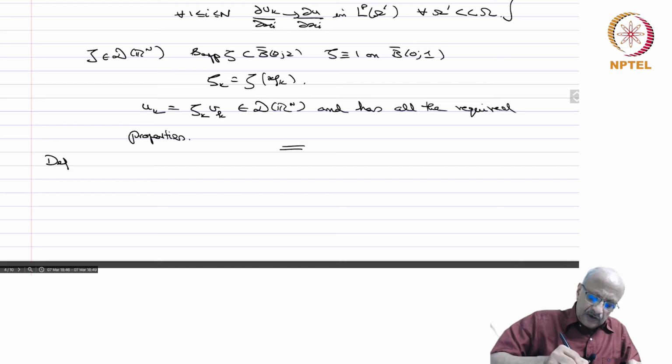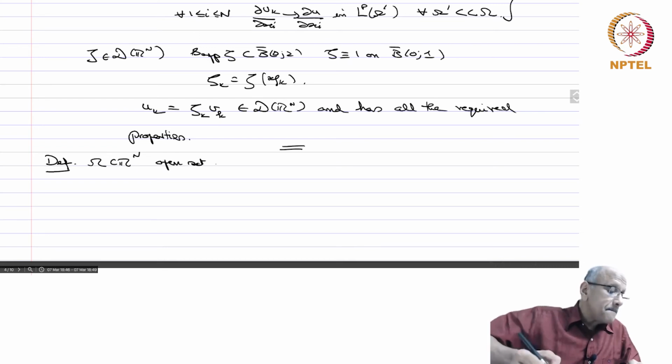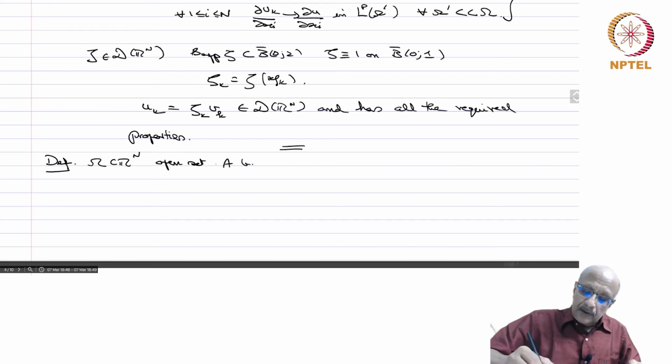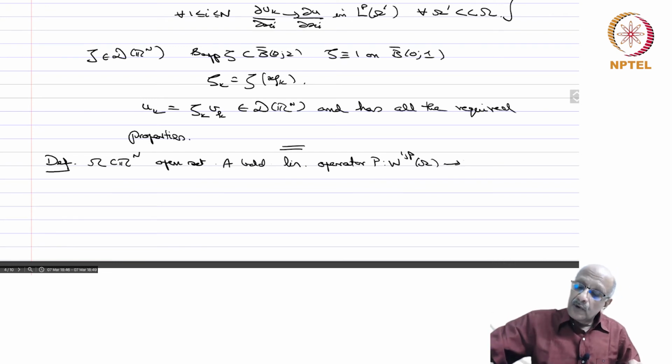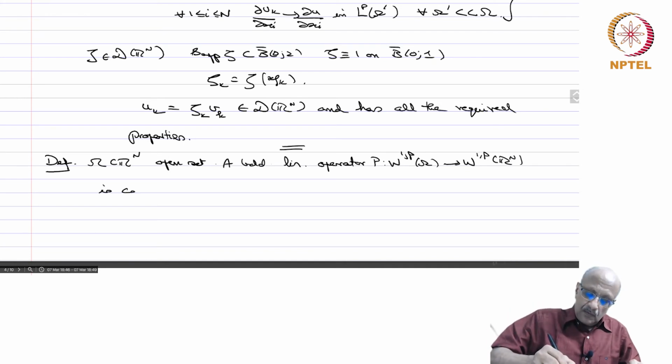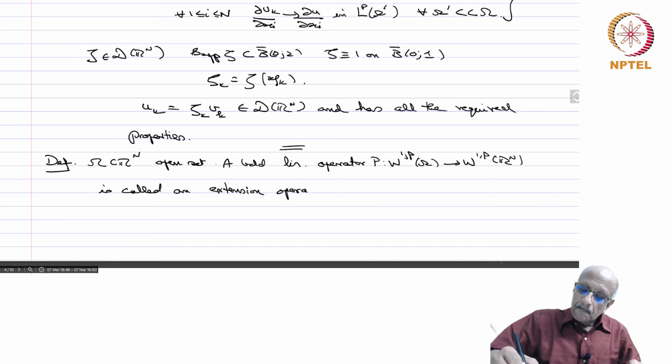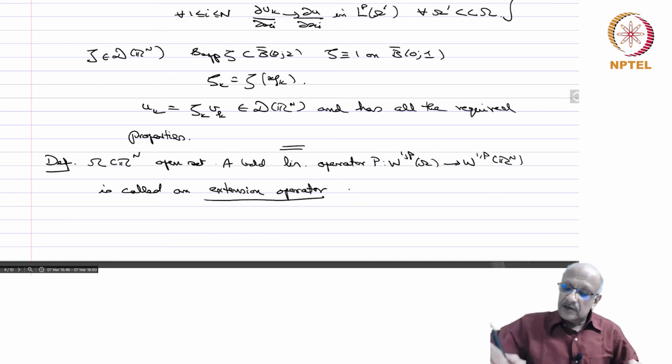So, we have a definition. Omega in Rn an open set, a bounded linear operator P from W^{1,p} of omega to W^{1,p} of Rn is called an extension operator. I already mentioned this yesterday.